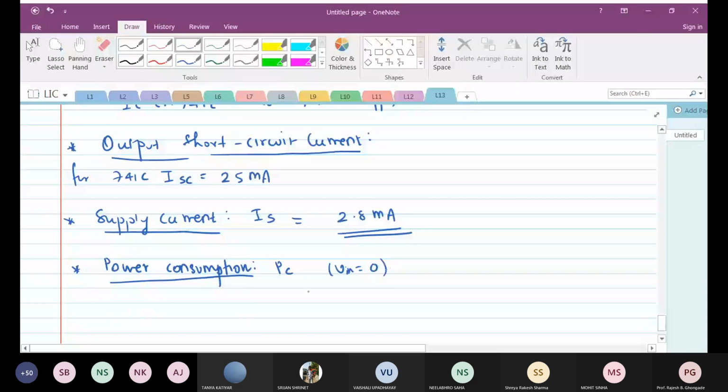What is the power that is consumed by the operational amplifier? That is called the power consumption PC. Typically for 741, this value of PC happens to be 85 milliwatts.